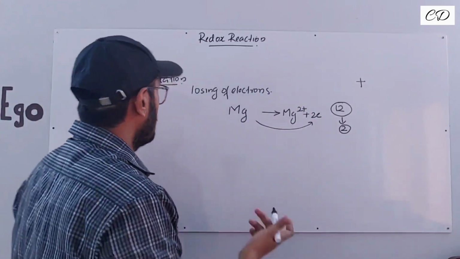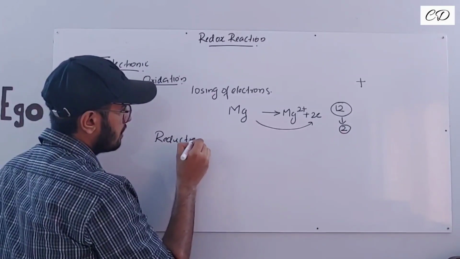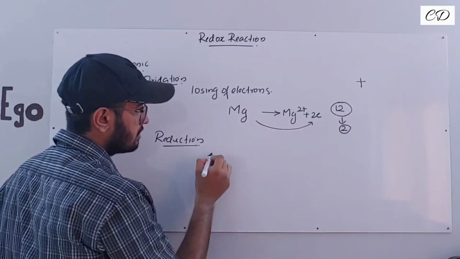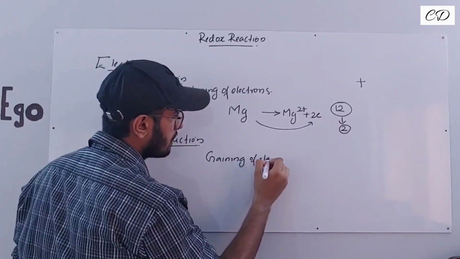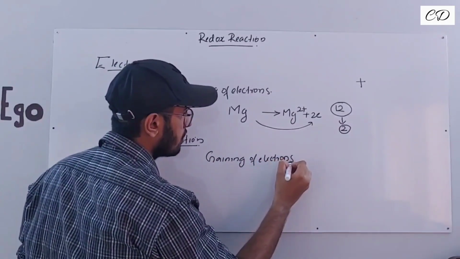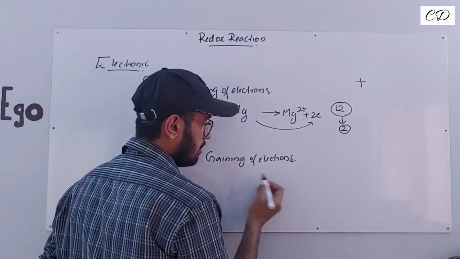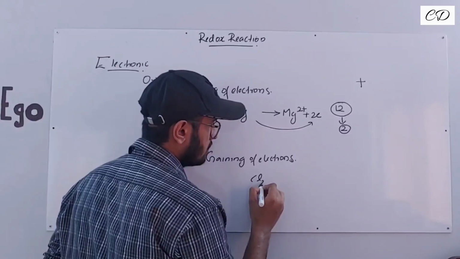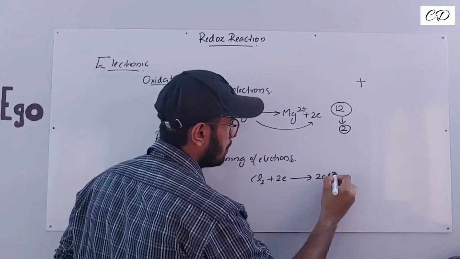Now let's move to reduction. Reduction means gaining of electrons. For example, Cl2 + 2 electrons gives 2Cl-.